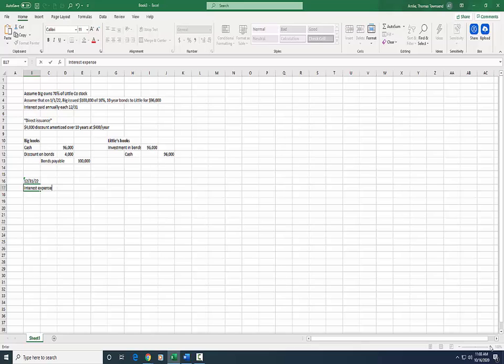Obviously, for the effective interest method, you have to do them as a single entry. But I'll do this as two separate entries. So we're going to have the coupon interest, 10% of $100,000. And then we have the amortization. Basically what we're doing is we're chipping away at this discount at the rate of $400 per year. So we're going to go ahead and credit the discount on bonds and debit interest expense.